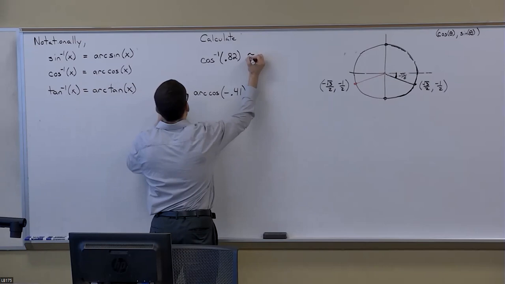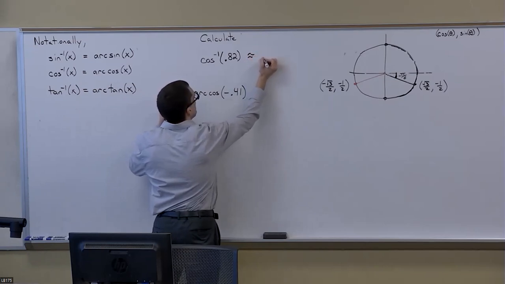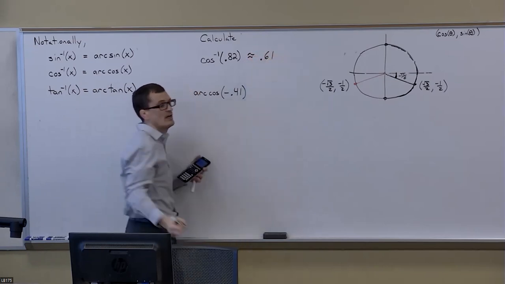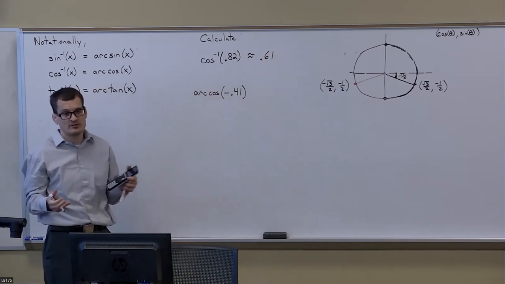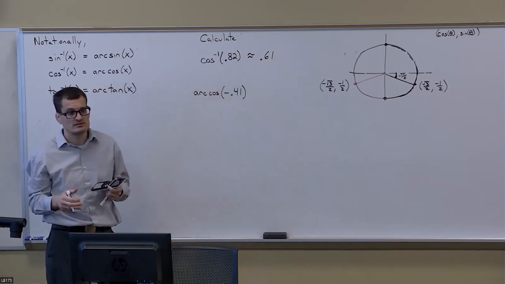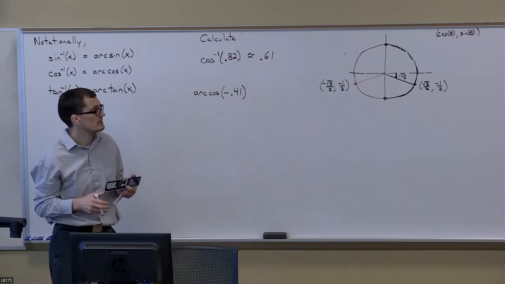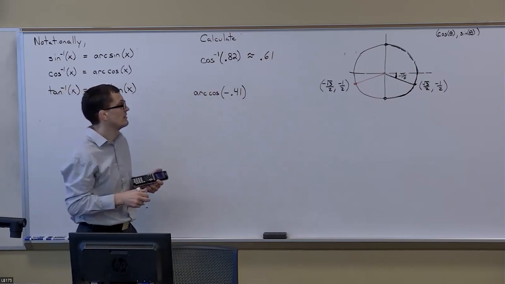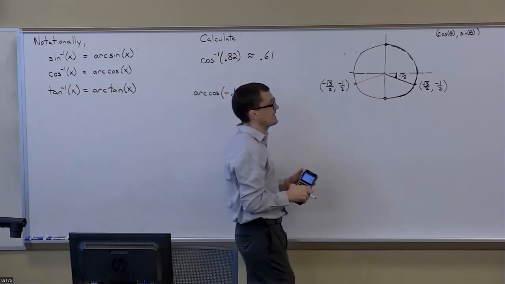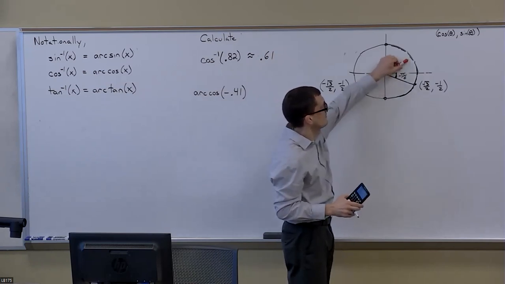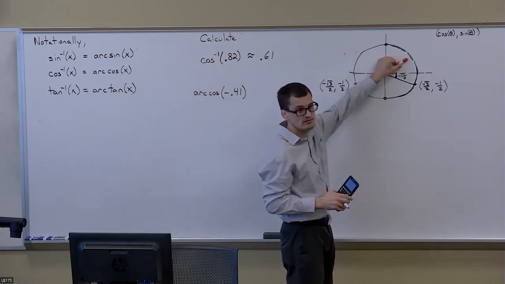This first one gives you roughly 0.61. Again, be careful that we're still in radian mode. And 0.61 radians is something in that first quadrant.